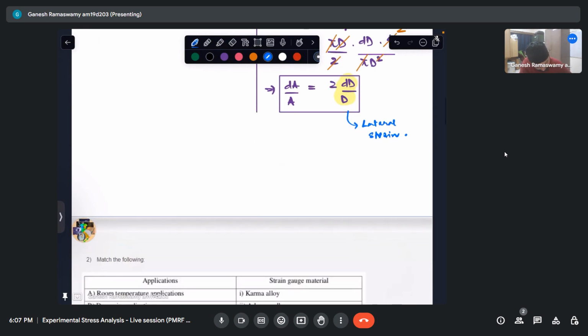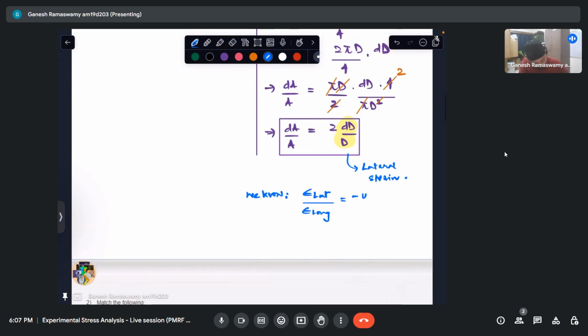Now we know that the lateral strain by the longitudinal strain is defined as Poisson's ratio. We know this from our basic understanding of strength of materials.